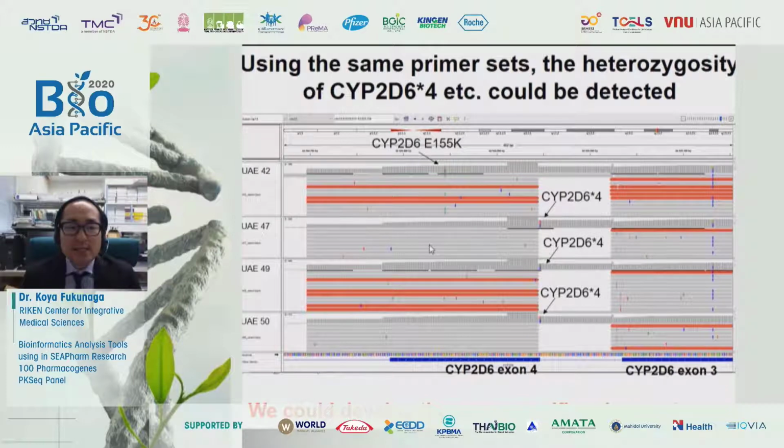However, using the same primer set and sequencing PKSeq data, you can see that the heterozygosity of CYP2D6 star 4 and amino acid substitution could be detected. Therefore, we showed that we were able to develop gene-specific primer sets.